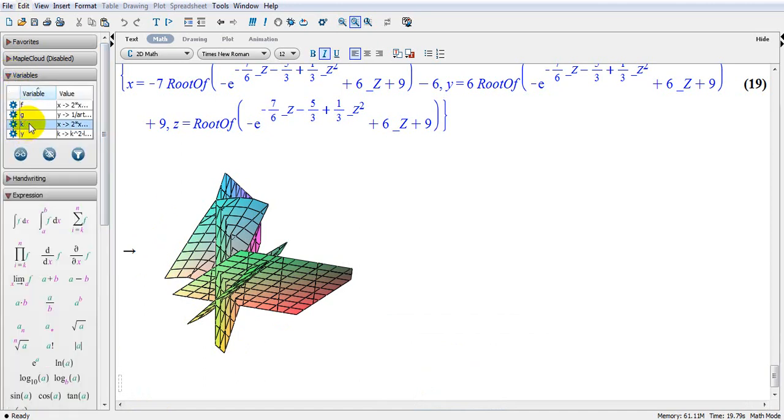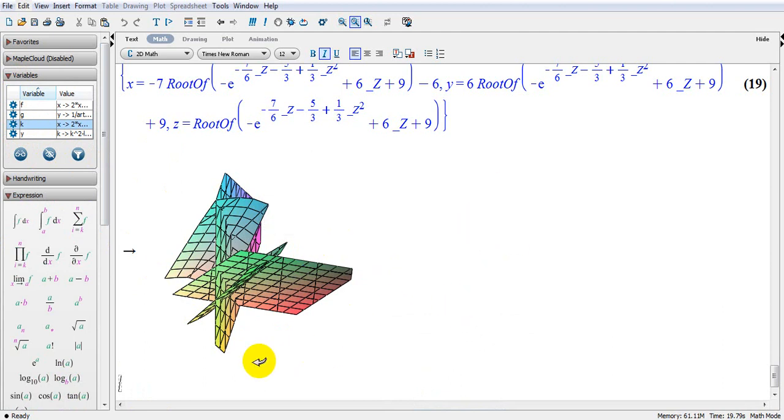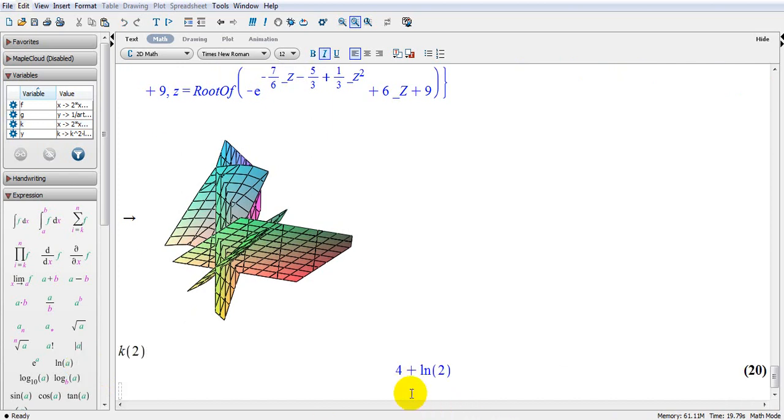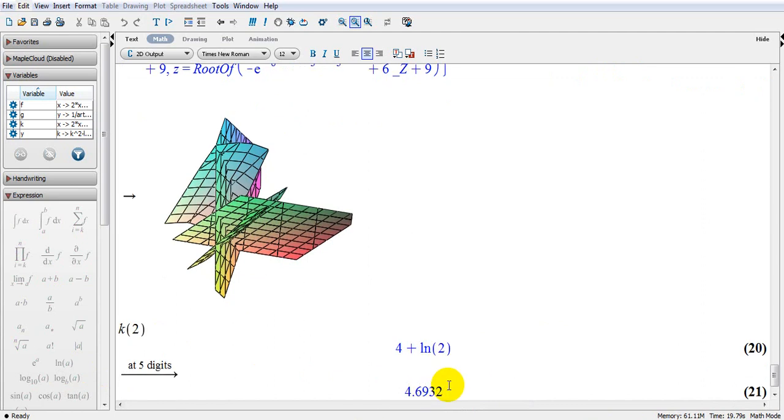Remember we have this function, k as a function of x, and this was the equation here. If anywhere I use, for example, k of 2, it gives me the answer. It replaces x with 2, and then you can right click on it and simply find the value.